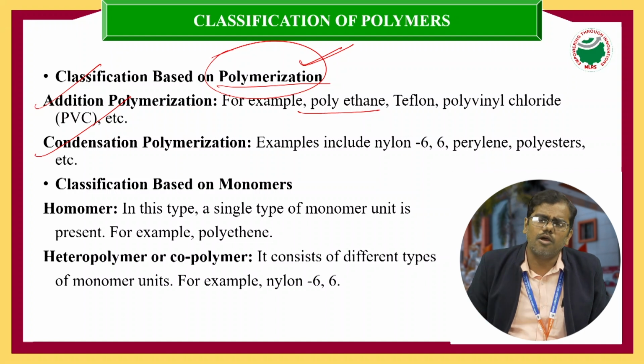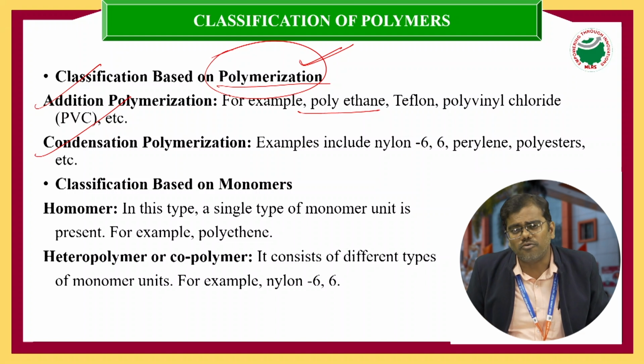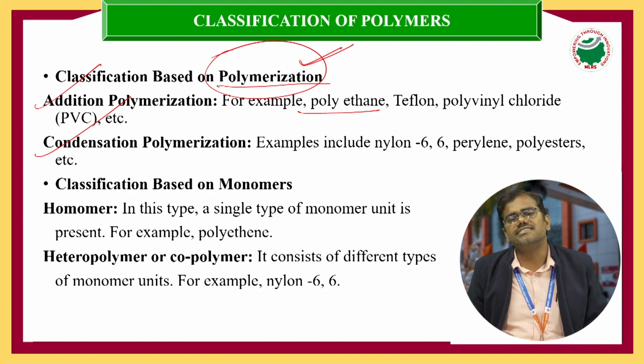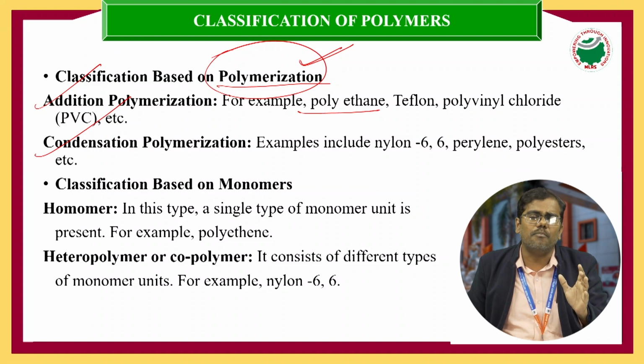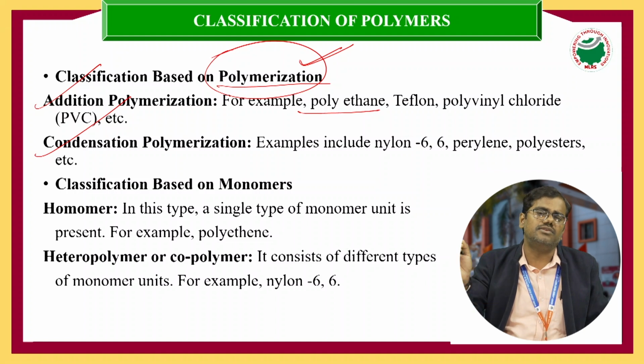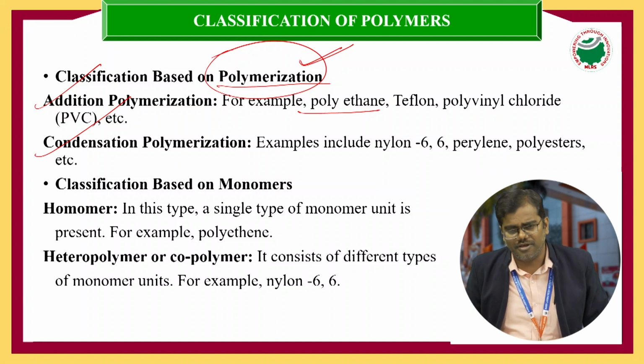They are compounds consisting of double bonds, triple bonds, or alternating double bonds. These unsaturated compounds are involved in addition polymerization, and finally lead to the formation of an addition polymer.